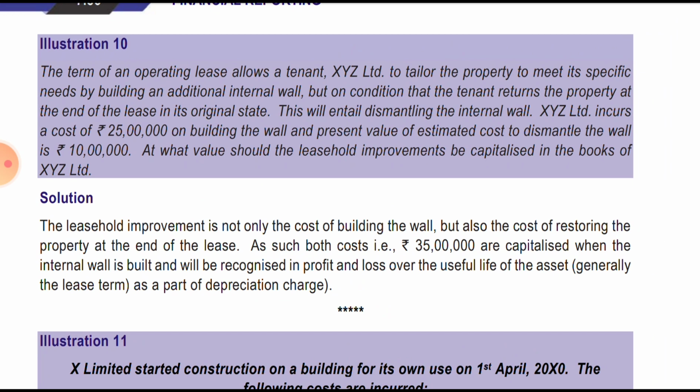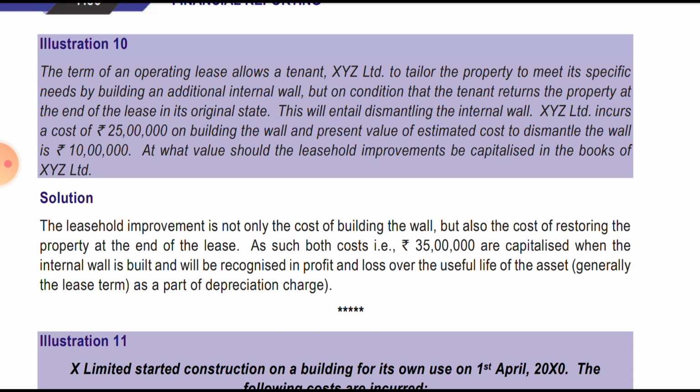XYZ incurs the cost of 25 lakh rupees on building the wall, and the present value of the estimated cost of dismantling the wall is 10 lakh rupees. So both will be added basically. So the cost of building is 25 and the present value of the estimated cost to dismantle the wall is 10 lakh.